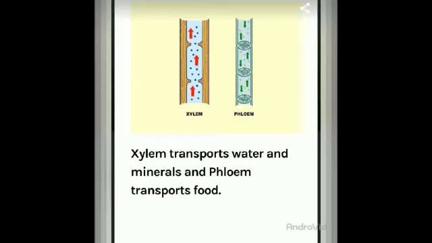With the help of this xylem tissue, lots of water molecules are moving upwards, and in the second picture, with the help of this phloem tissue, the transport of food is taking place. So these are the two transporting tissues which are found in plants. Xylem is for the transport of water and minerals, while phloem is for the transport of food.